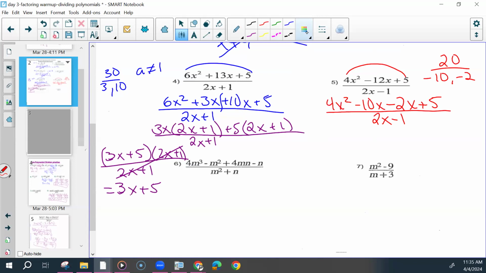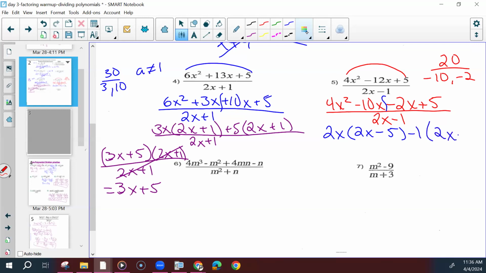Once you have your 4 terms, split that down the middle. What will we divide out of those first two? 2x. What would be left? 2x minus 5. And then what could we divide out of the last two? Negative 1.